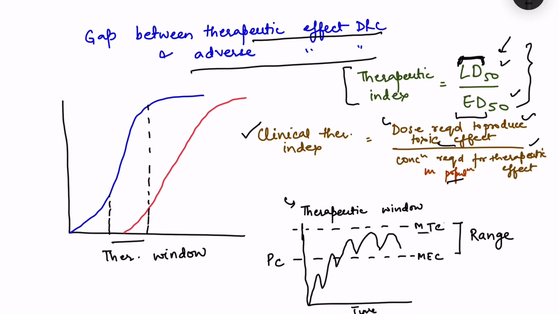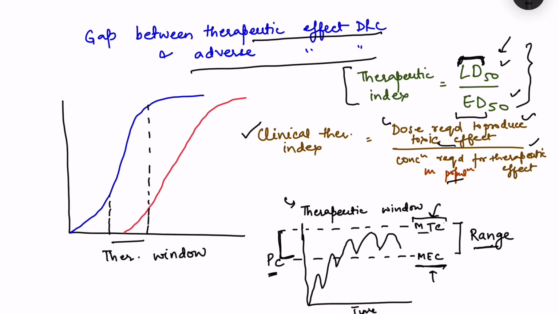This therapeutic window we have discussed in our videos on pharmacokinetics, where we said that therapeutic window is a range of the plasma concentration of the drug. So here the y-axis is showing the plasma concentration, the range of the plasma concentration of the drug, between the minimum effective concentration, meaning the drug concentration at which the therapeutic effect will be there, and the minimum toxic concentration.